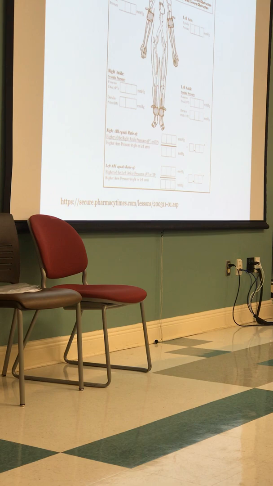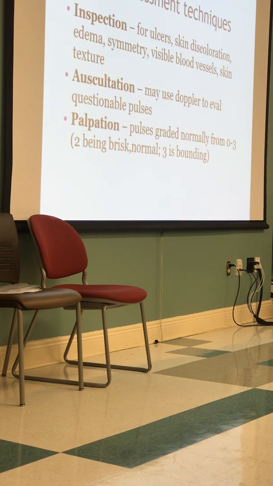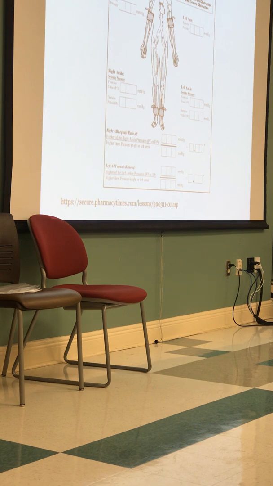Okay? Make sense, guys? 90 and above, normal. 71 to 90, mild. 41 to 70, moderate. Less than 40, severe. Okay.